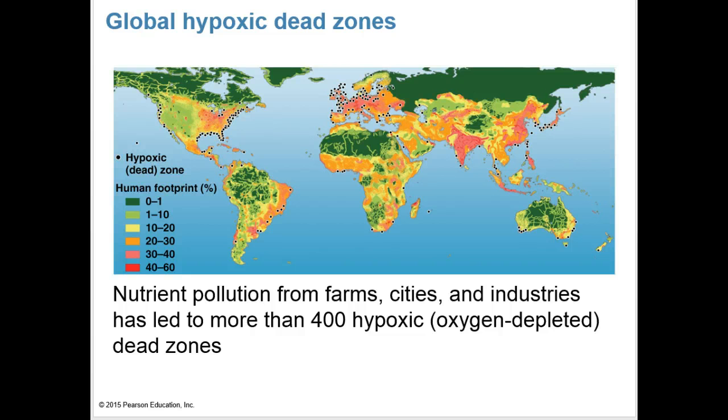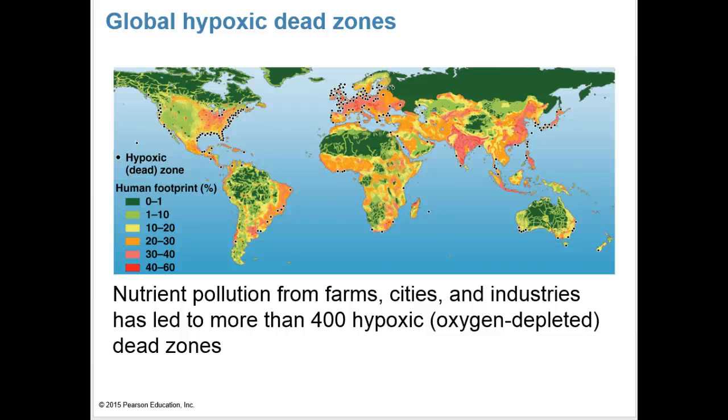Here's a chart showing global hypoxic dead zones. Nutrient pollution from farms, cities, and industries has led to more than 400 hypoxic or oxygen-depleted dead zones. As we can see, the Chesapeake Bay is not the only water body suffering from eutrophication.